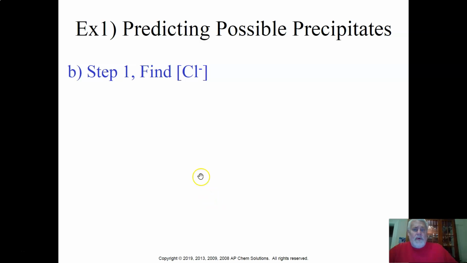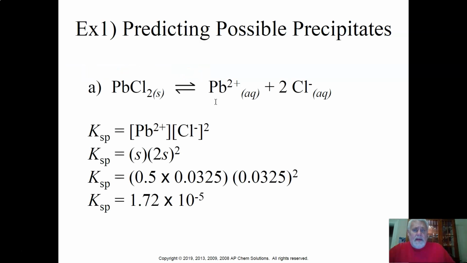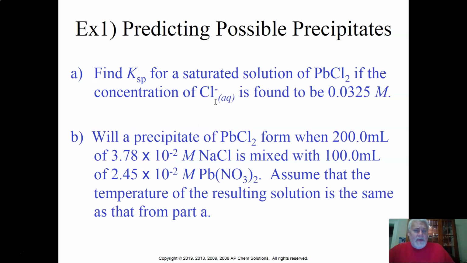And now step 1, find the concentration of Cl minus. What they gave you initially is that the concentration is found to be 0.325 molar.